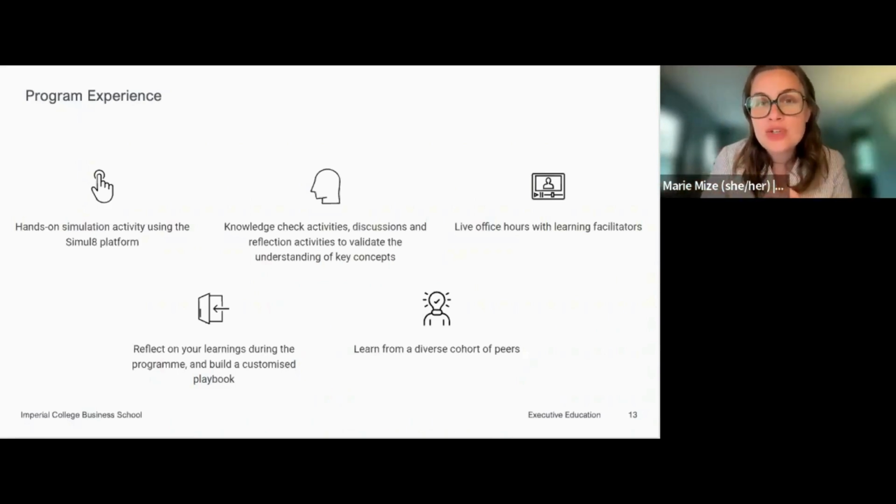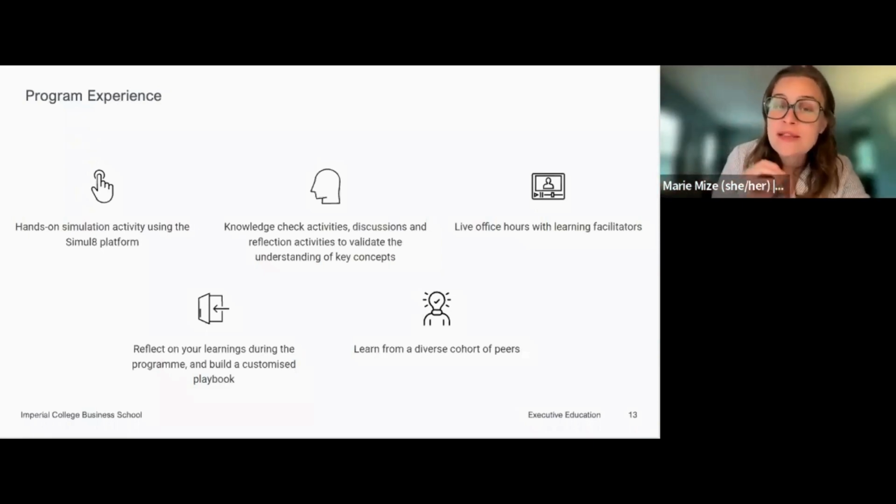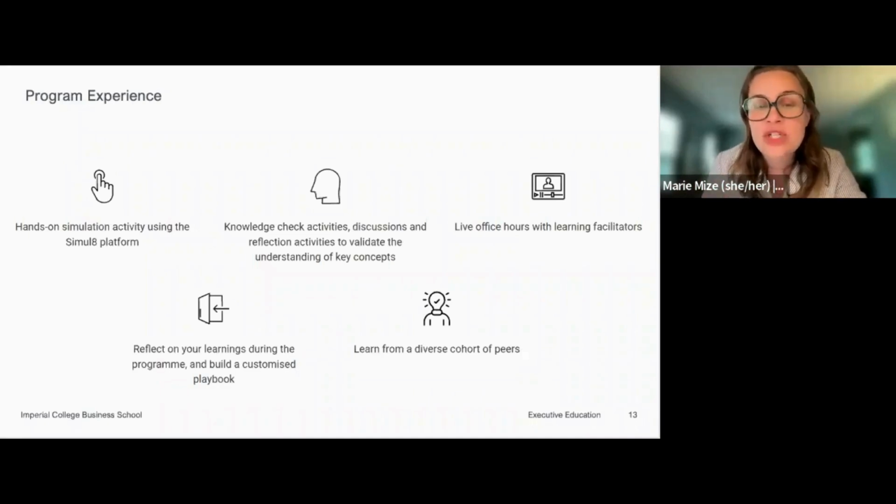We believe that your learning is strengthened and enhanced with that peer-to-peer interaction, with your learning facilitators and your faculty, really helping you to design a schedule and design a learning experience that extends beyond the scope of what's possible in a traditional classroom, allowing you to learn at your own pace in real time from the convenience of your location, and doing so around a schedule that works for you.